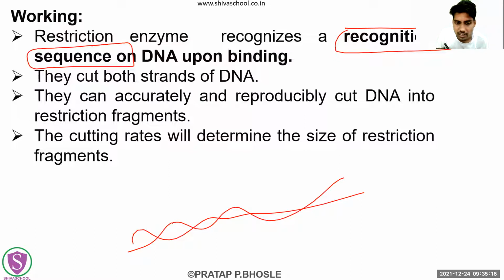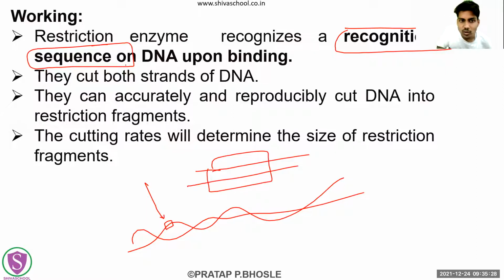So wherever these restriction enzymes go and attach, that will be a recognition sequence. Okay. So whenever they attach to a particular recognition sequence, what will they do? They are going to cut both the strands of DNA.